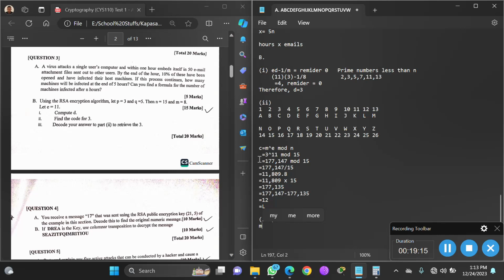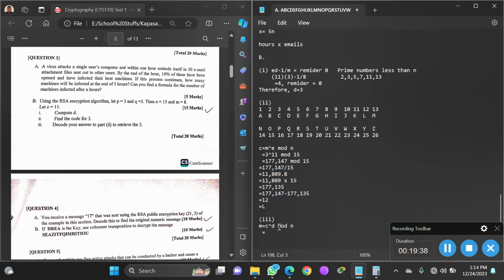So M is the actual message which we want, and we know it's 3 or C. So we are decoding it back. So we need the ciphertext power decryption exponent, then mod N, just like that.